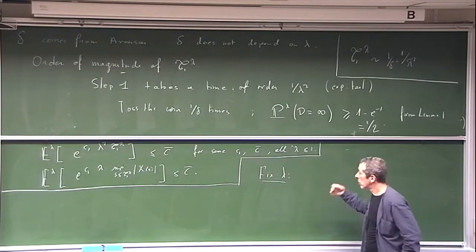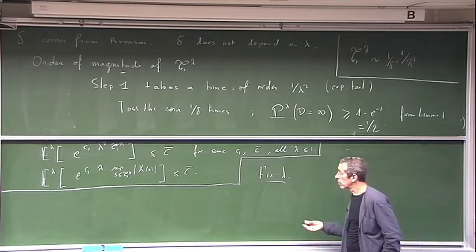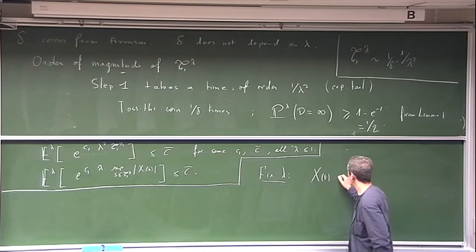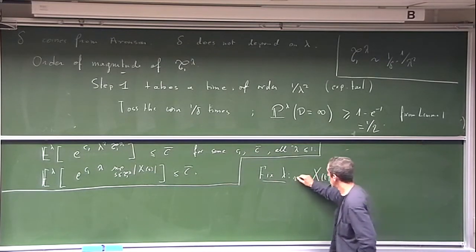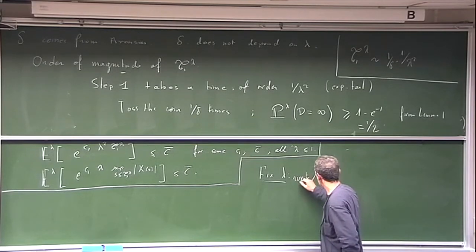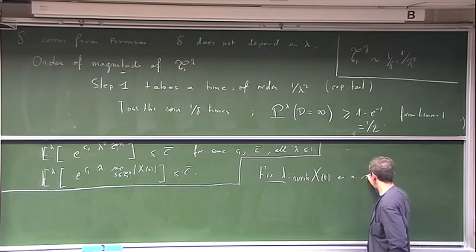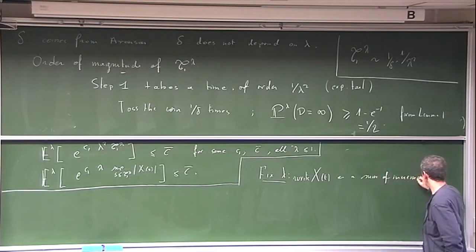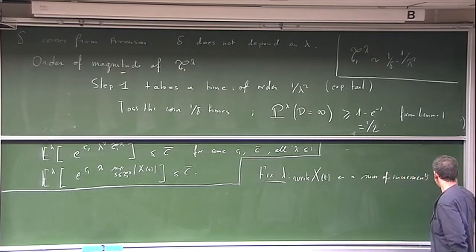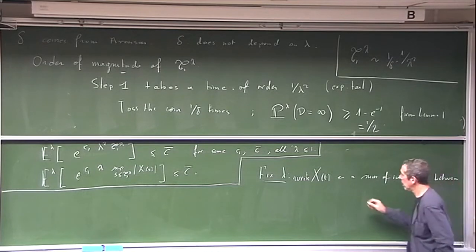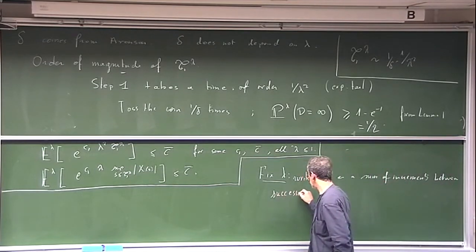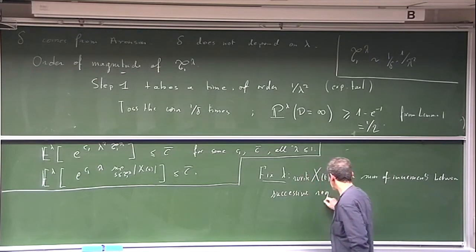And then you write the position of the diffusion. So you write x of t as a sum of increments between regeneration times, successive regeneration times.